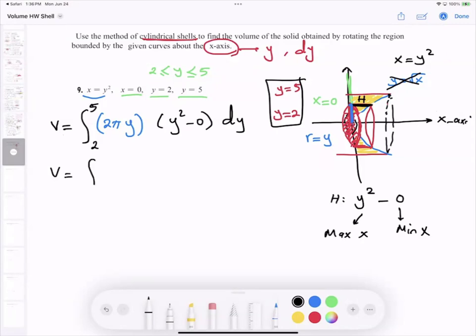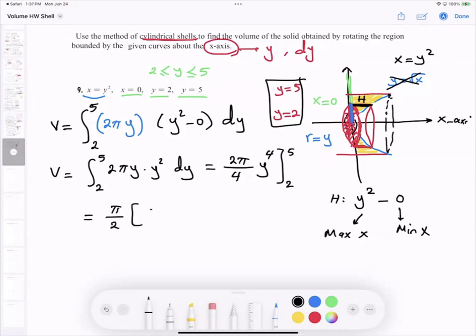The volume is the definite integral of 2 pi y times y squared dy, or 2 pi divided by 4, y to the fourth, from 2 to 5. Let us plug in 5, then plug in 2: pi over 2 times 5 to the power 4 minus 16.